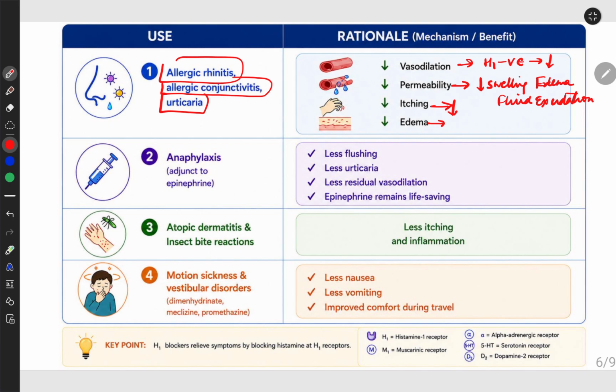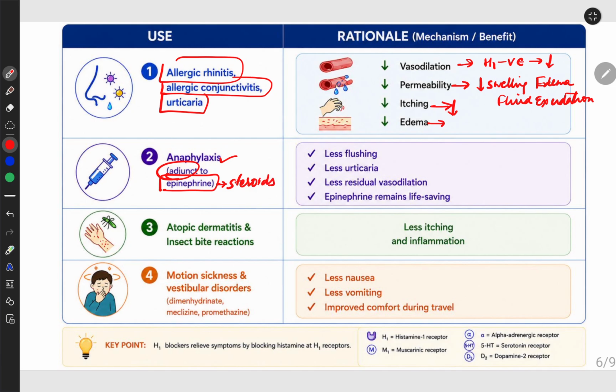Secondly, antihistaminic drugs find an adjunct role in the treatment of anaphylactic reactions. How do they find an adjunct role in the anaphylactic reaction? You all know what happens in the anaphylactic reaction. That's a severe allergic reaction in which a person can go into anaphylactic shock. So the primary treatment is epinephrine, and it is sometimes clubbed with steroids.